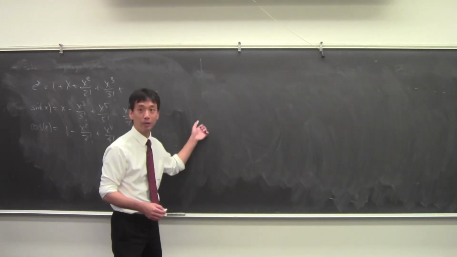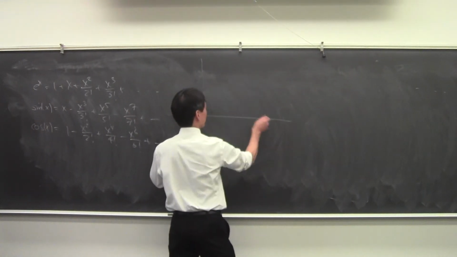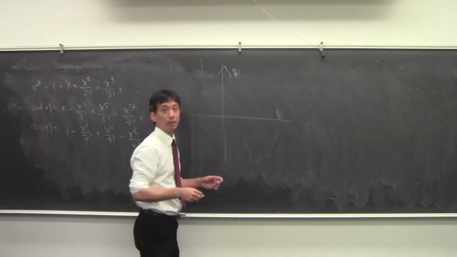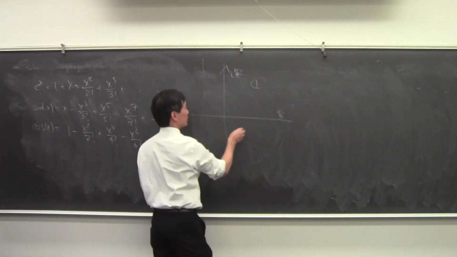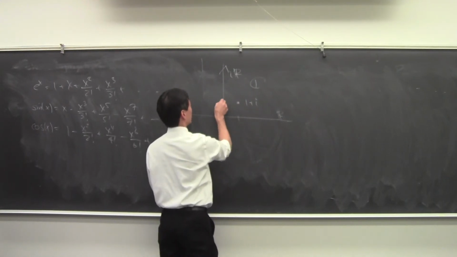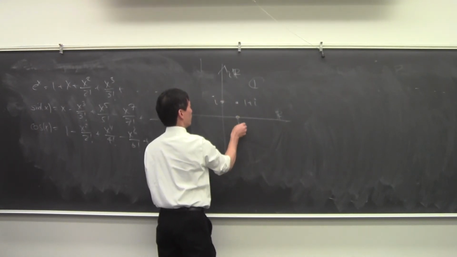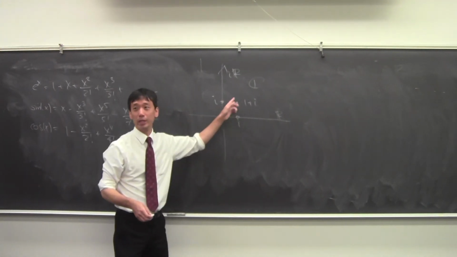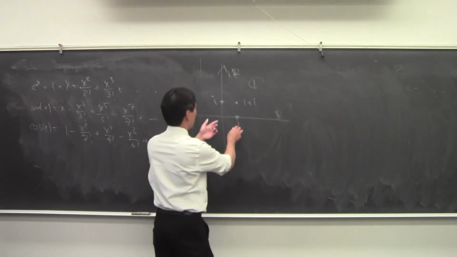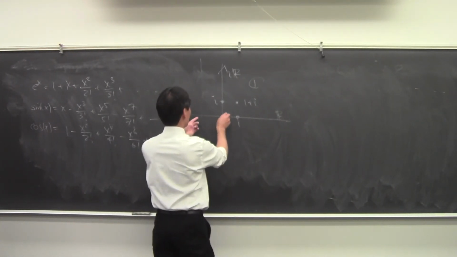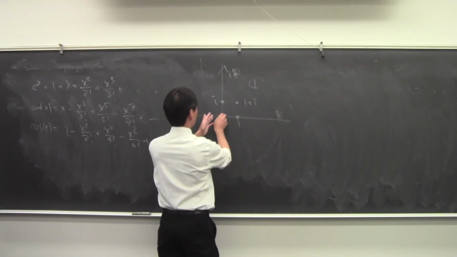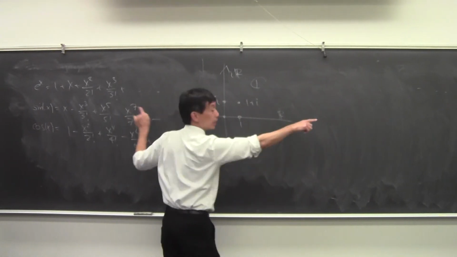You say, well, here is the real line. It's sitting inside of a complex plane. Here's the complex plane, complex numbers. So this point would be 1 plus i. This is i here, this is 1. 1 plus i is this point in the complex plane. And if I take the power series expansion for e, the radius of convergence is actually infinite.